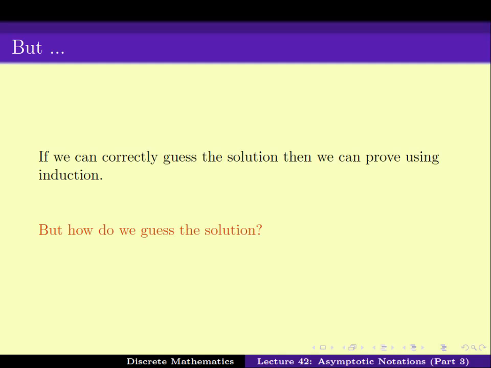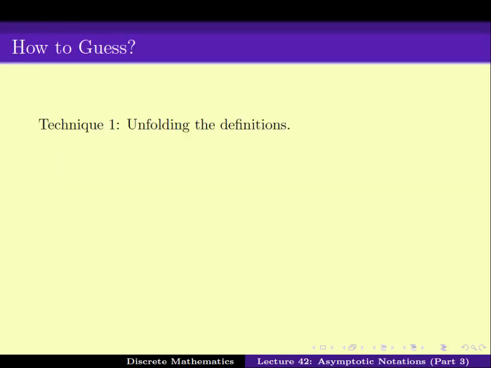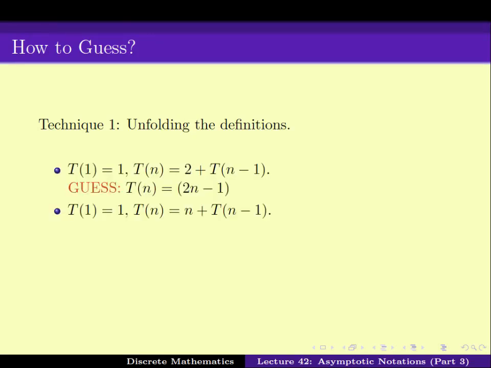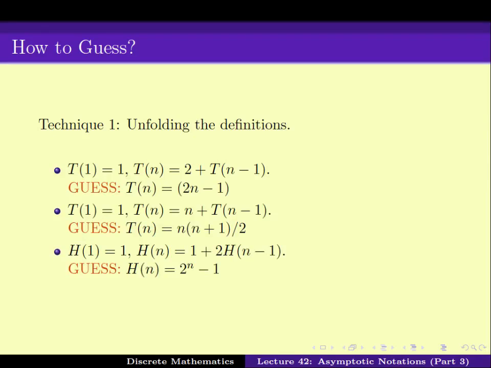Now there is no one way of guessing the solution. One simple one is what we call as unfolding the definitions. So by unfolding the definitions, we can possibly guess the solution. And we saw how this can be done for this set of recurrence relations.